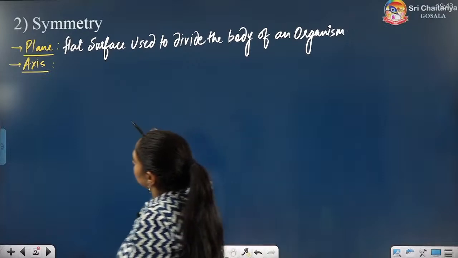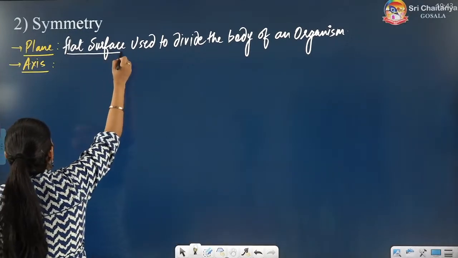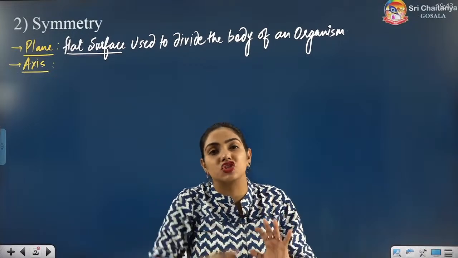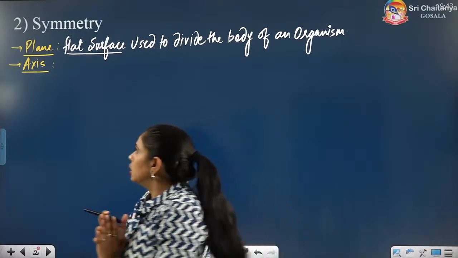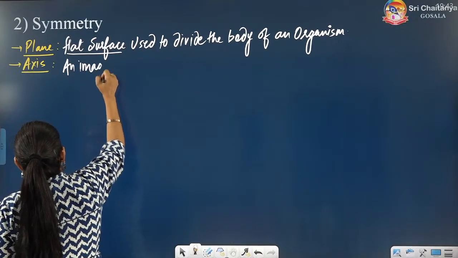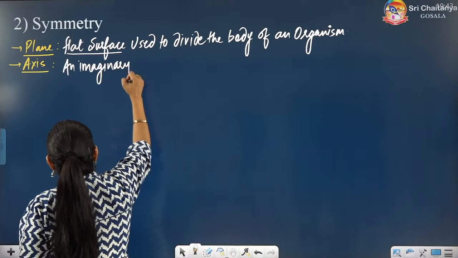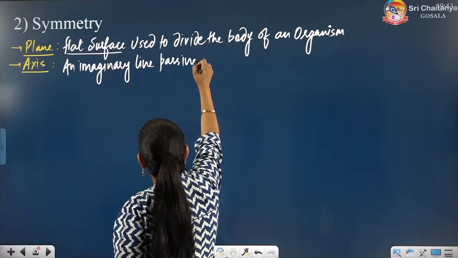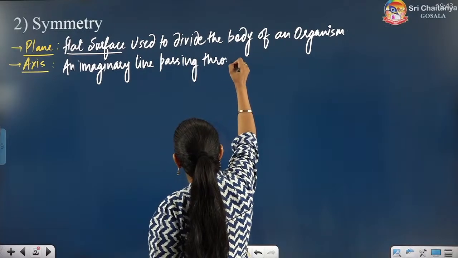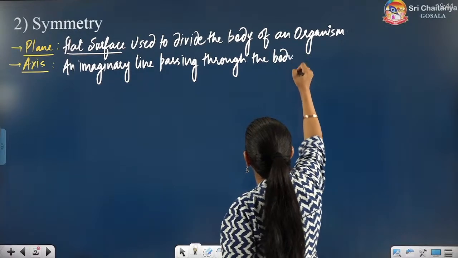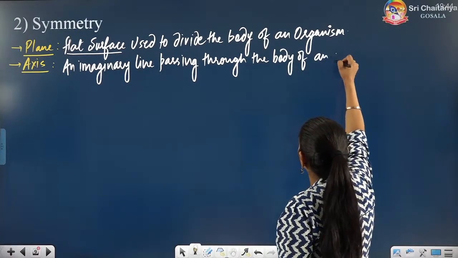If we talk about axis, axis is not an actual surface or actual line. Axis is just imaginary. So axis is an imaginary line passing through the body of an organism.